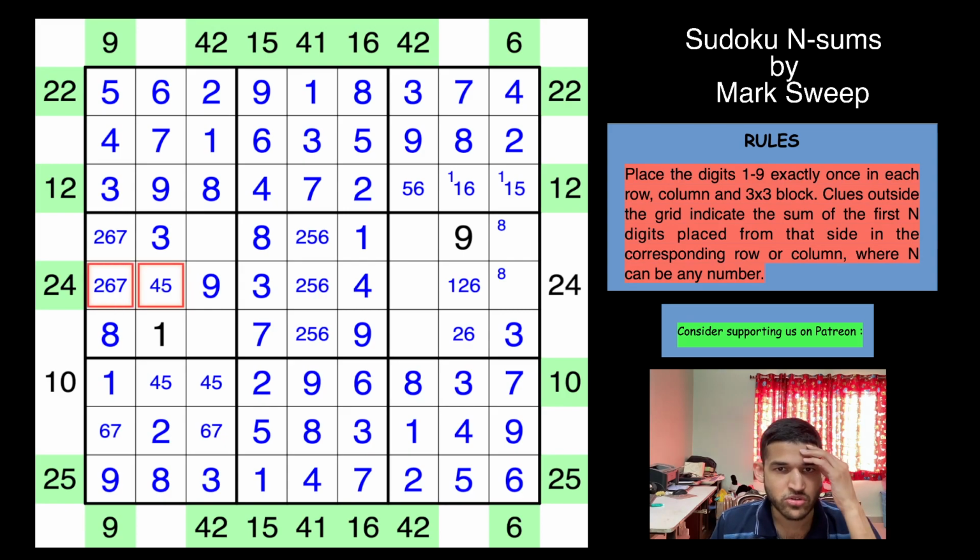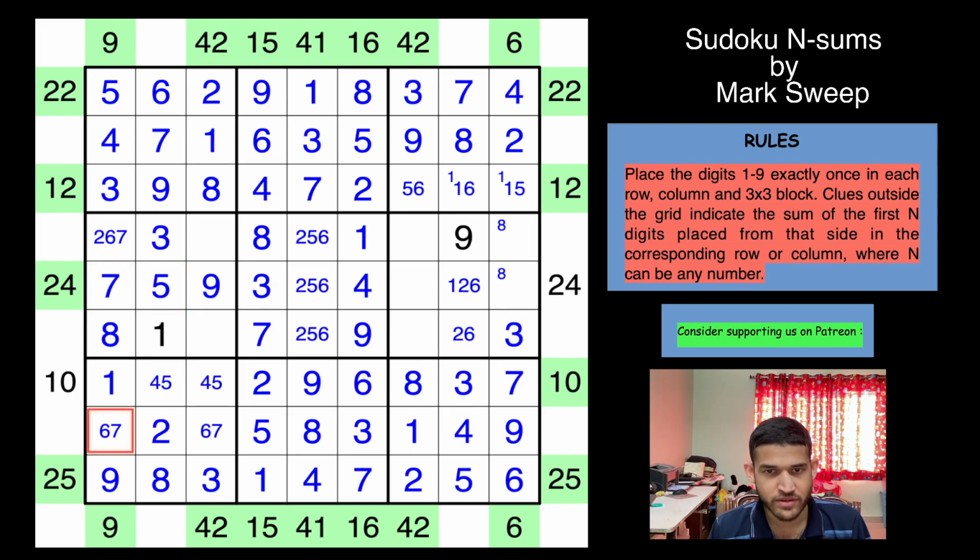And these add up to 12. And the only possibility is 5 and 7. That gives 6, 7, 5 resolves this 4, 5 pair. That's a 2. This will be 4, 6. Eight is here, so that's 8.